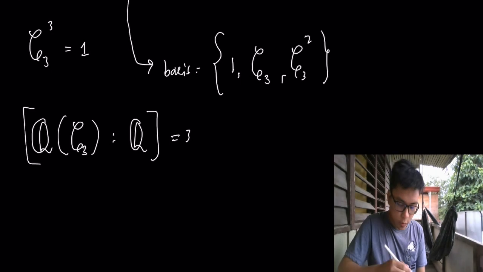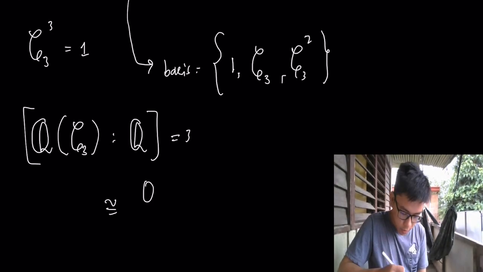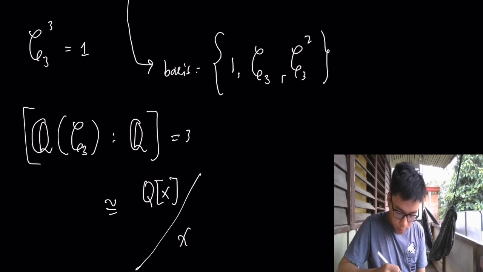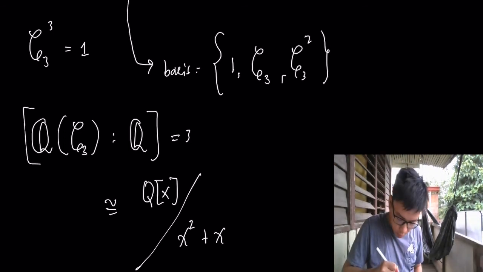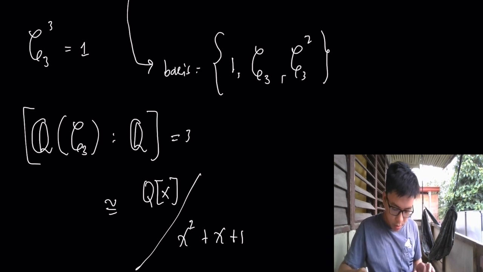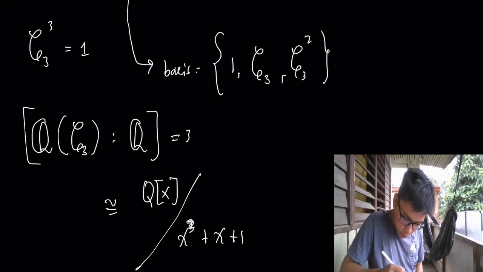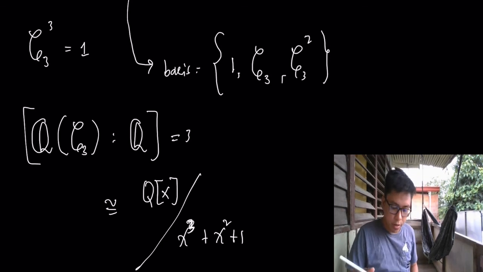And so this is quite isomorphic to Q[x] over x squared. Let's try to check if that will work. x squared plus x plus 1. Oh no, it should be x cubed, x squared plus 1.